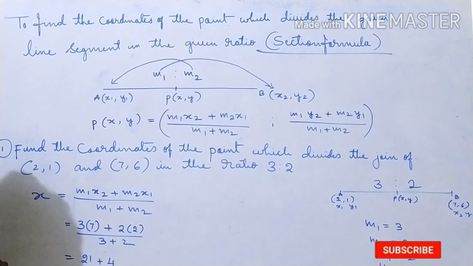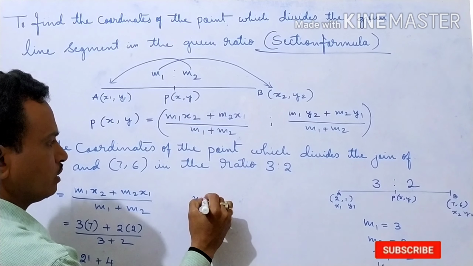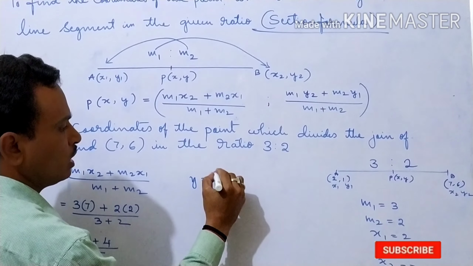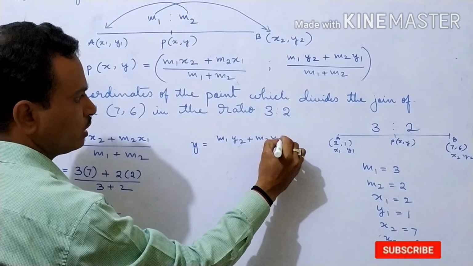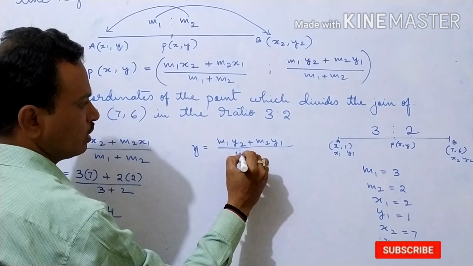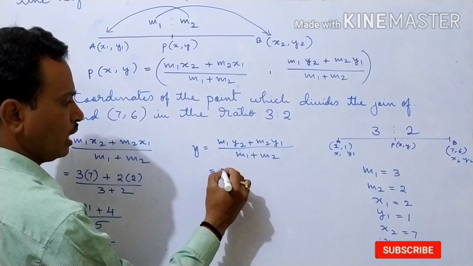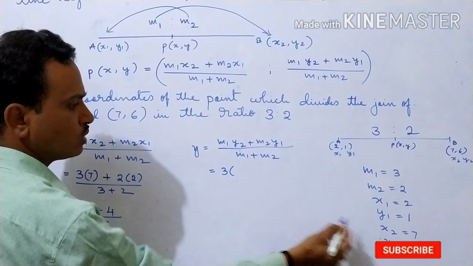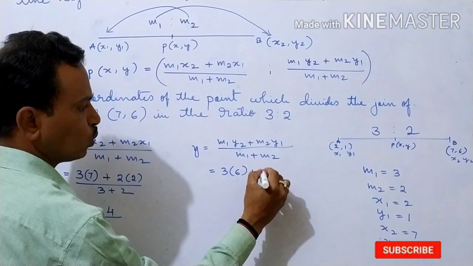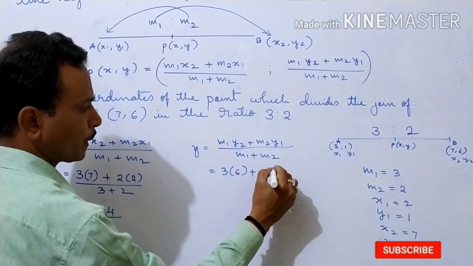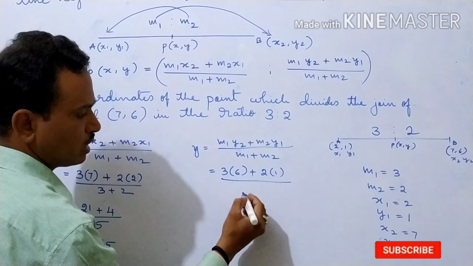Okay. Similarly, we should find the y coordinate. So y is equal to what is the formula? (m1 y2 + m2 y1) whole divided by (m1 + m2). Now what is m1? 3. y2 is 6, plus m2 is 2, y1 is 1, whole divided by m1 plus m2, that means 3 plus 2.